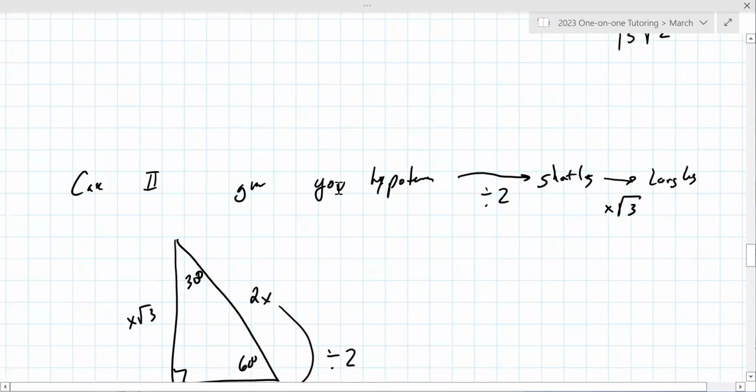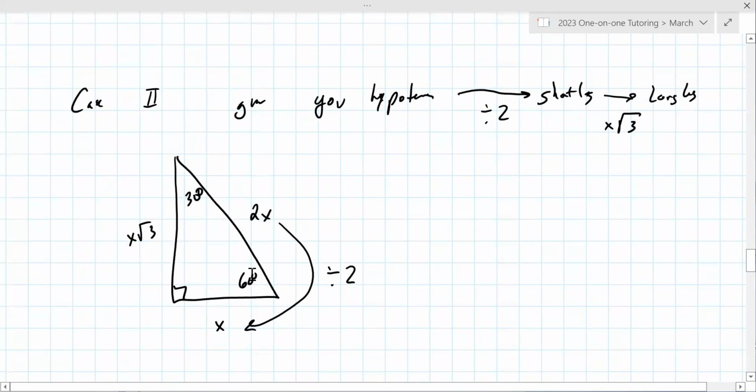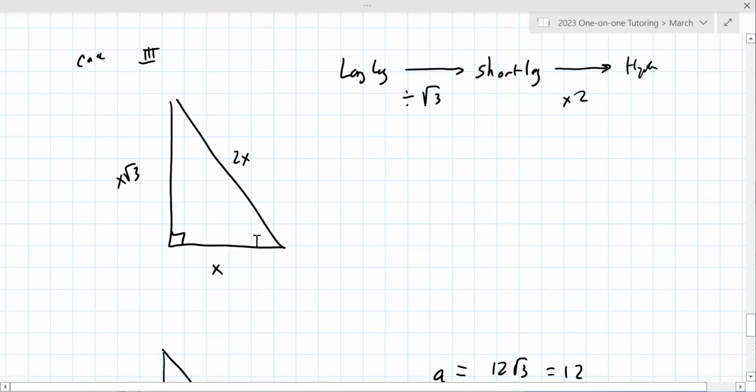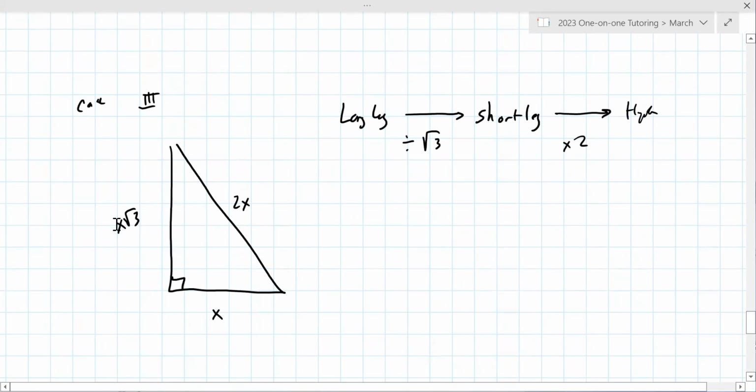If I give you the hypotenuse, you divide it by 2 to get the short leg, then you multiply by the square root of 3 to get the long leg. It's kind of the same because you're just going back and forth. Case number 3 is the hardest. You're given the long leg, you have to divide by the square root of 3, then multiply by 2.